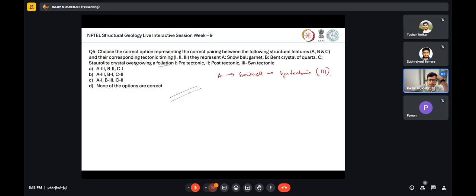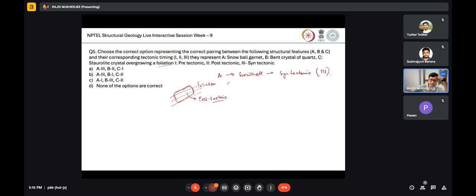If this is a foliation, and overgrowing means you're growing a staurolite crystal like this, parallel to the foliation. When can it happen? Of course, it should be post-tectonic, right? Only then this kind of overgrowth can occur.